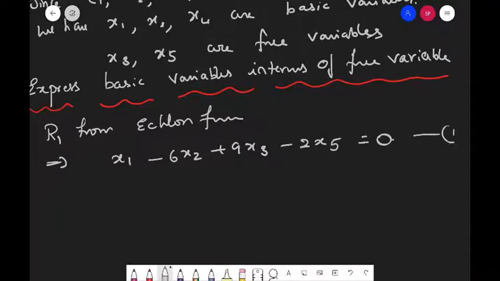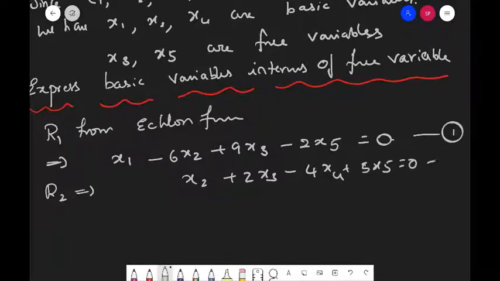Let me call this equation 1. Then R2 from echelon form implies x2 plus 2x3 minus 4x4 plus 5x5 is equal to 0. This is equation 2. Then R3 implies the equation 5x4 plus x5 is equal to 0.